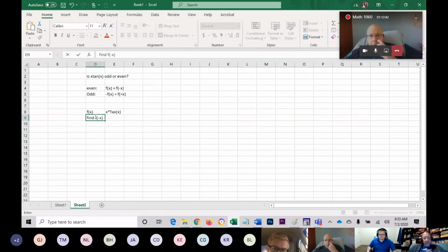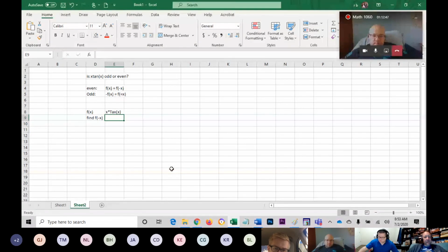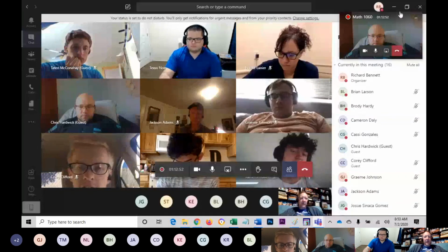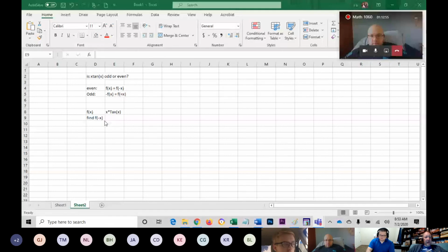Minus x, okay? So in this case, who can help me with this? Let's pick on Brody. Brody, can you help me with this? If f(x) equals this function here, can you help me find f(-x)?